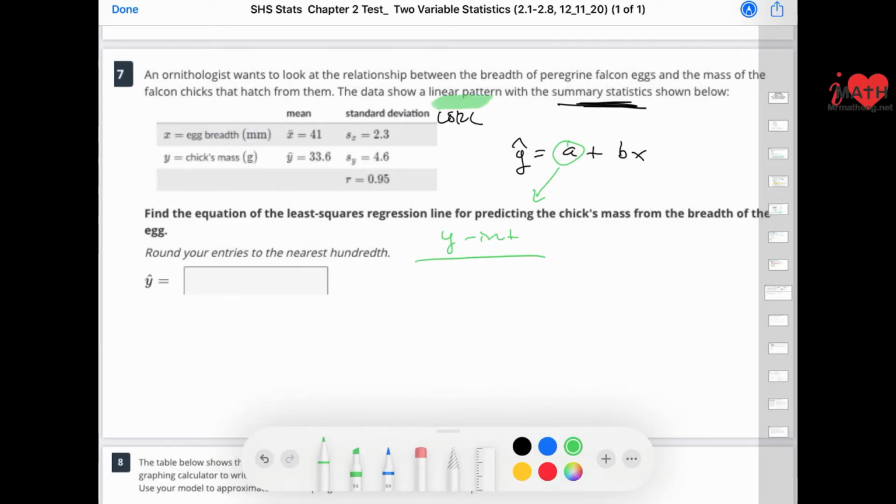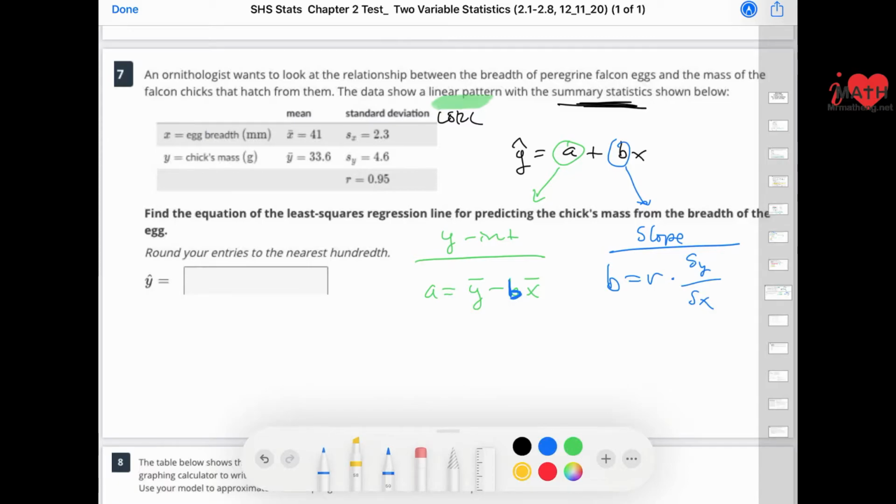And for the y-intercept, the formula is a equals y bar minus b times x bar. Now, if you notice, this formula has a b value, so we're going to have to calculate the b first. The one in front of x is called our slope, and the slope formula with summary statistics is b equals r times sy over sx, the standard deviation.